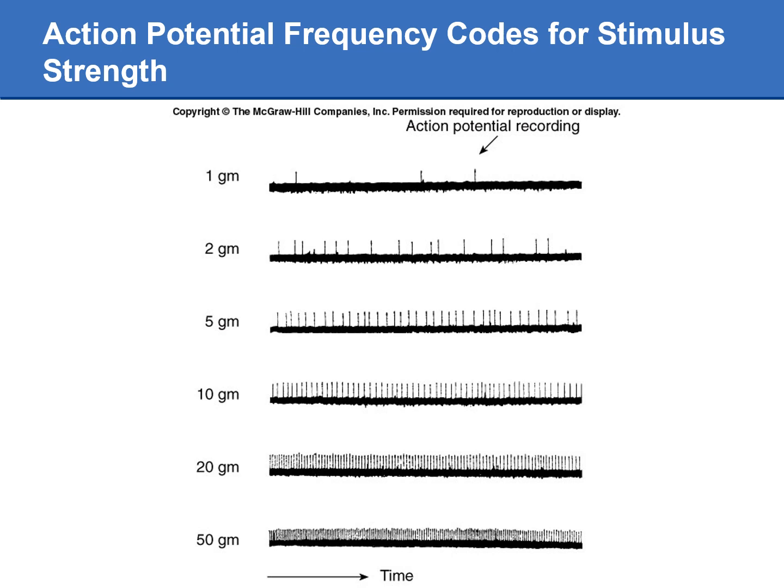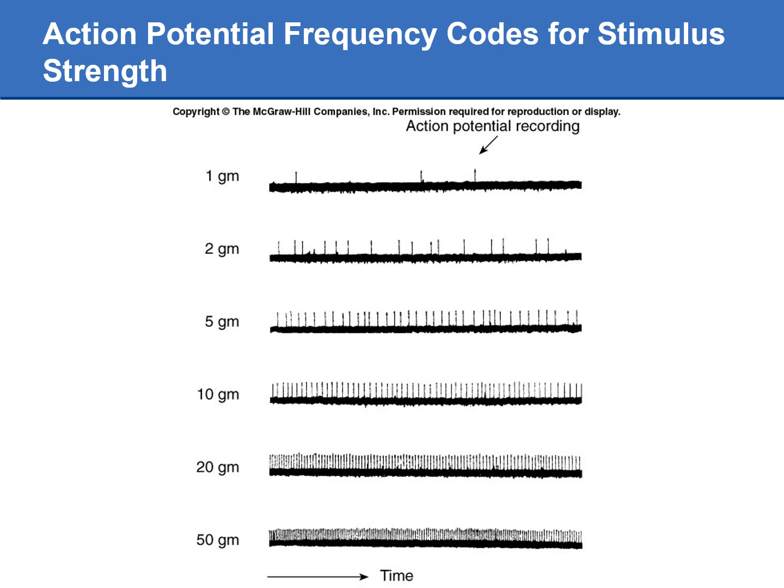You can see that with the smaller weights, there are not as many action potentials going up the sciatic nerve, but as the weight gets heavier and heavier, the action potentials get more and more frequent, right? So that's going to send a signal to the brain saying that the stimulus is a lot bigger. That weight is a lot heavier on the leg. Okay, and so the brain will interpret that as a bigger stimulus.